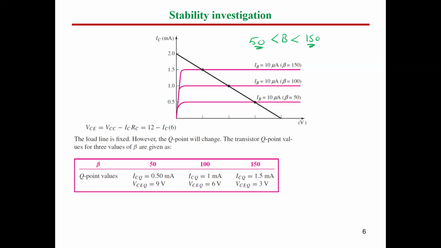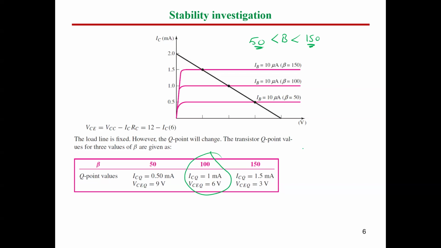So if IB equals 10 microampere, what will be the value of IC in case of beta equals 50 and beta equals 150? For beta equals 100, we already calculated this previously.